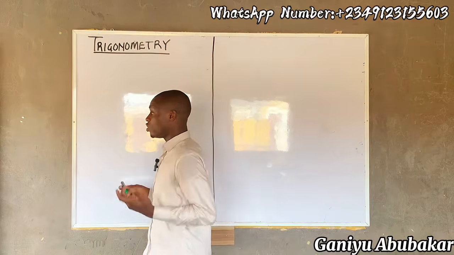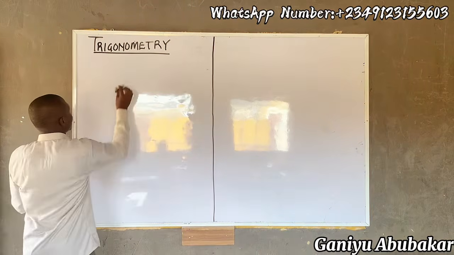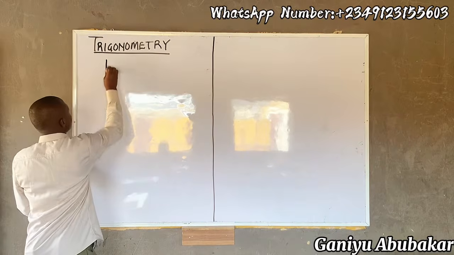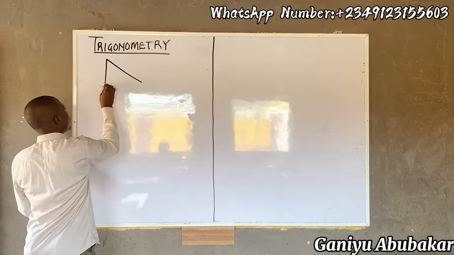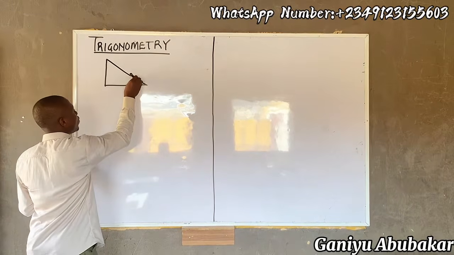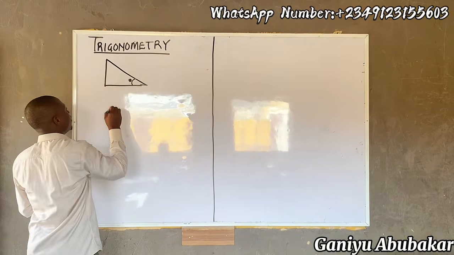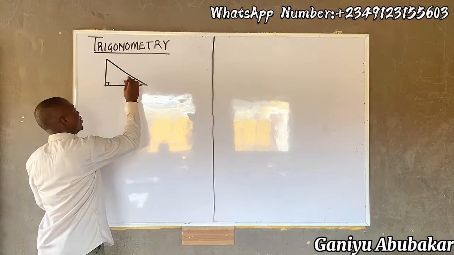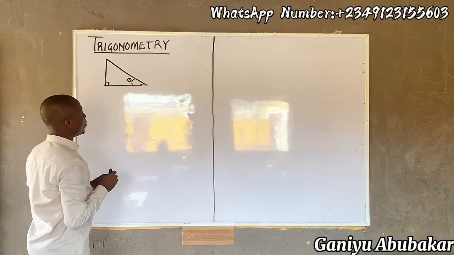So on illustration, I expect that a right angle triangle should look like this. Of course, something of this nature, right? So let's say the angle theta is here. This mark here signifies that this triangle is a right angle.